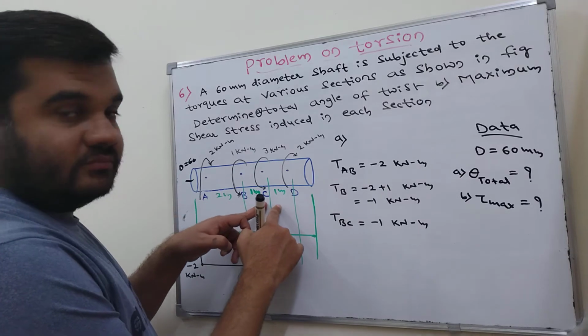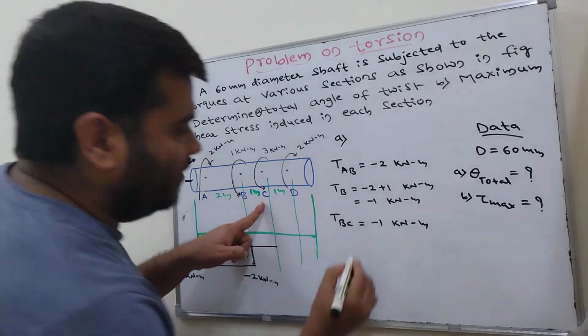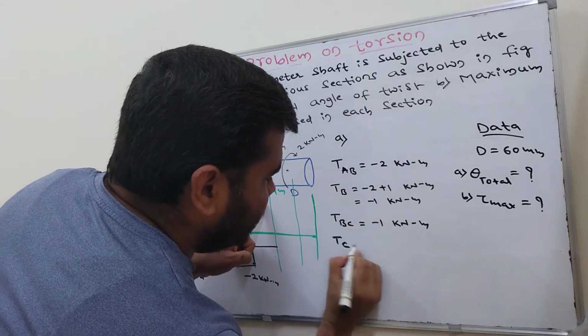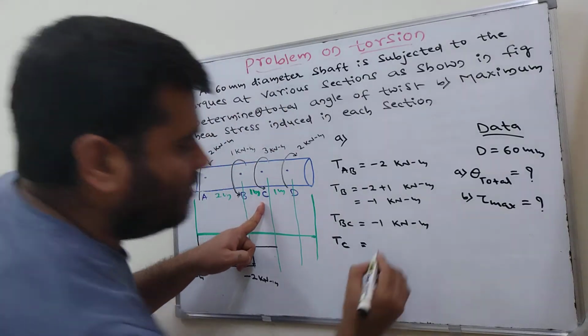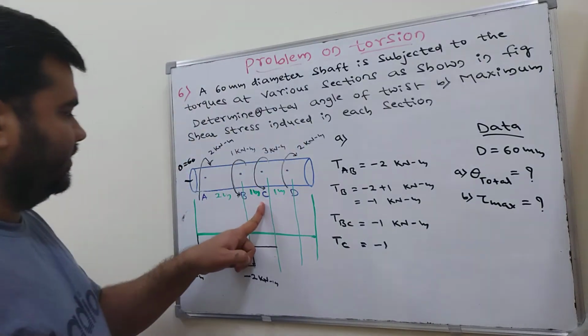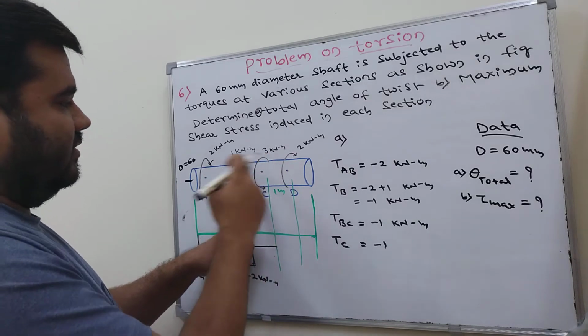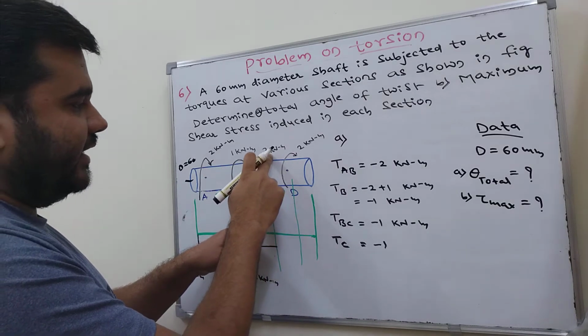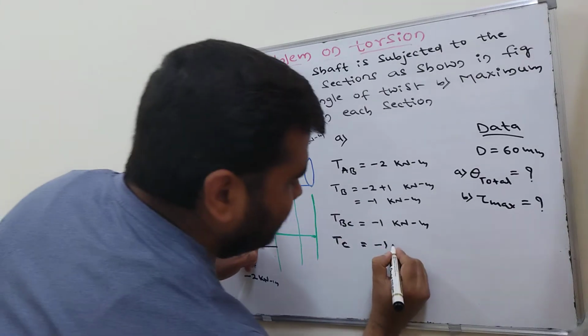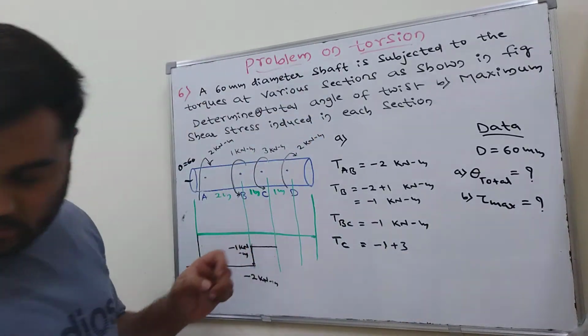At C, how much will it be there? Torque at C equals minus 1. This is minus 1. Next again, this is anti-clockwise, you have to take it as plus. That is plus 3, right?